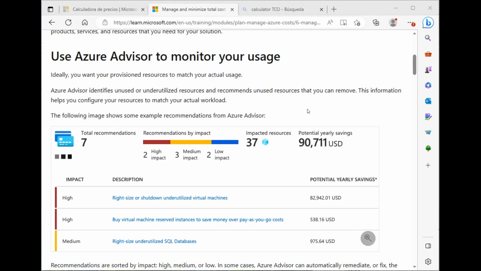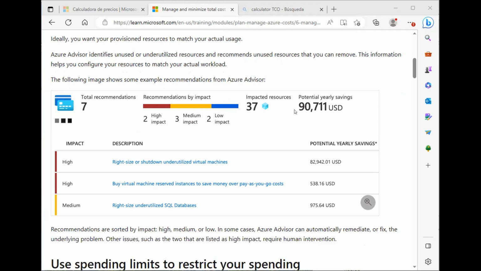The following images show some example recommendations from Azure Advisor. In this image, you see impact, description, and potential benefit. Right-size or shut down underutilized virtual machines, approximately 82,000.